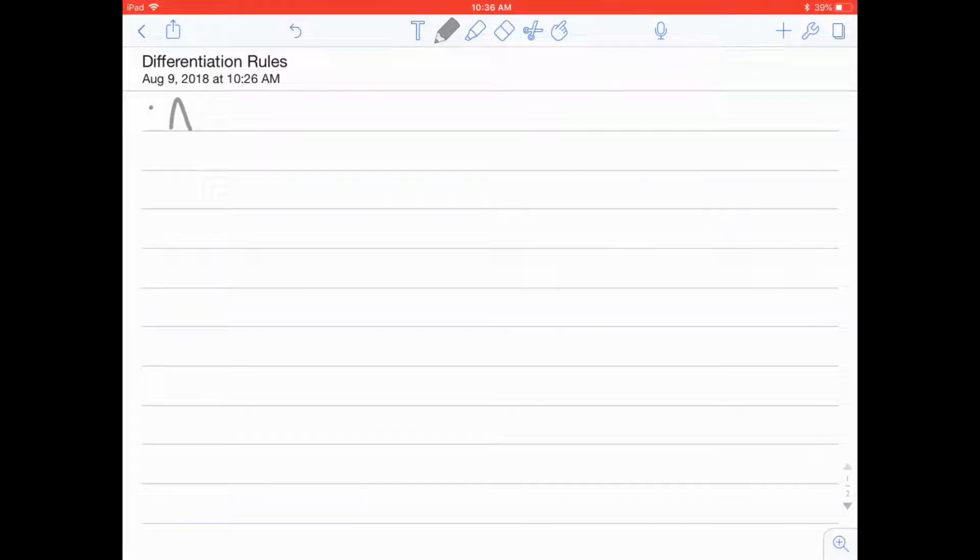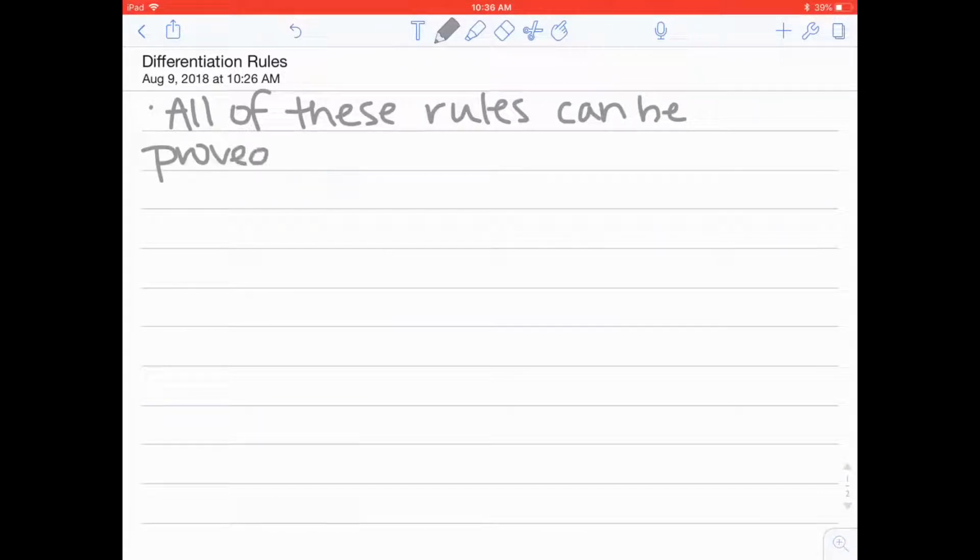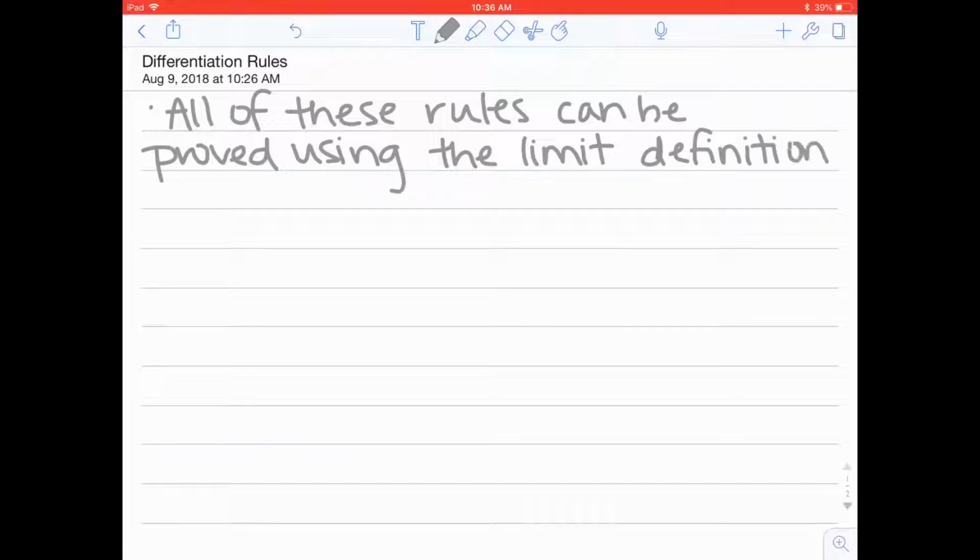All of these rules can be proved using the limit definition of the derivative.